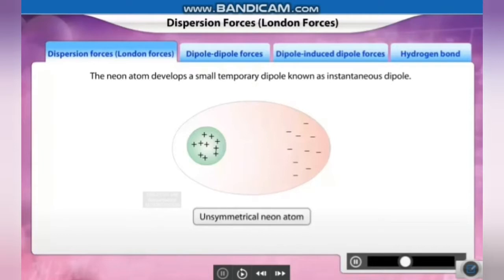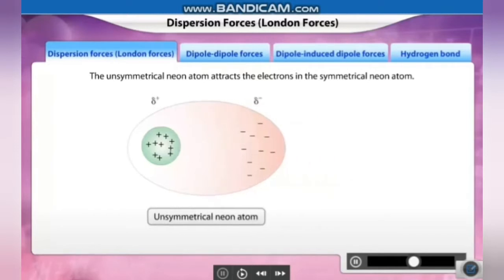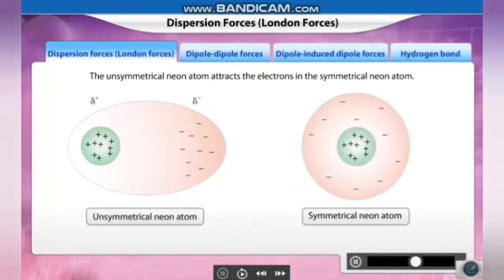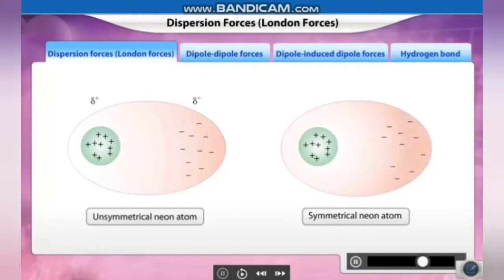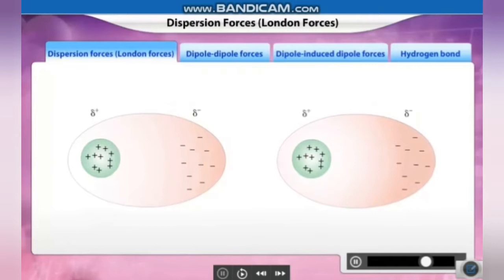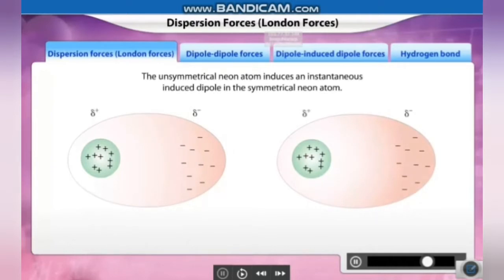This unsymmetrical neon atom develops a small temporary dipole known as an instantaneous dipole, developing a delta positive and negative charge which will attract the electrons in a symmetrical neon atom. Now consider a symmetrical neon atom. So the delta negative charge of the unsymmetrical neon atom attracts the positive charge of the symmetrical neon atom, whereby the electron clouds are moving towards the right. So here a developed charge of positive and negative is again gained in the other atom also.